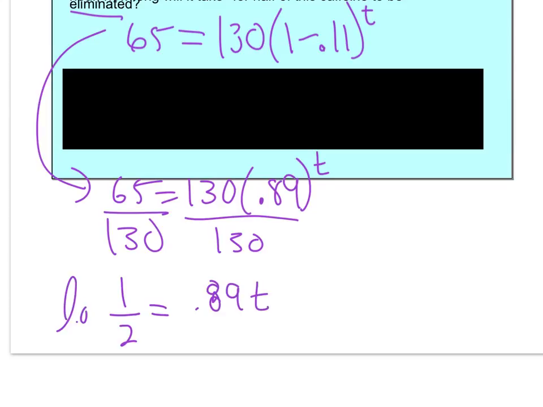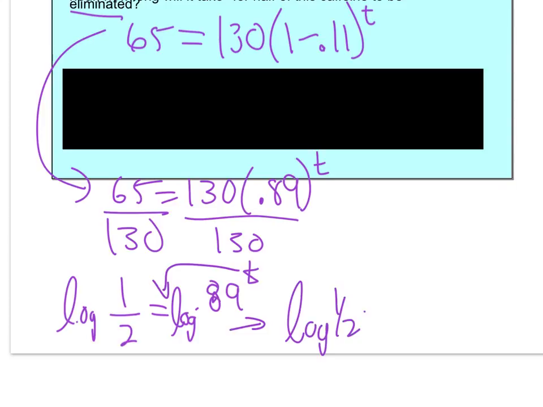So now here's where I would take the log of both sides. So when I do that, this can be moved out front. Okay, so I'm going to have log of 1/2 equals t times the log of 0.89.